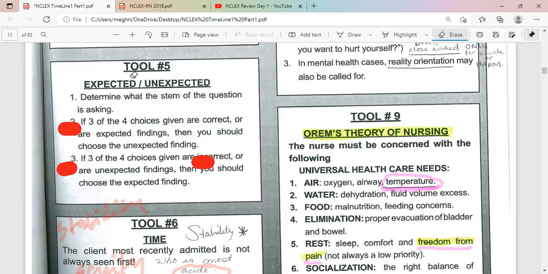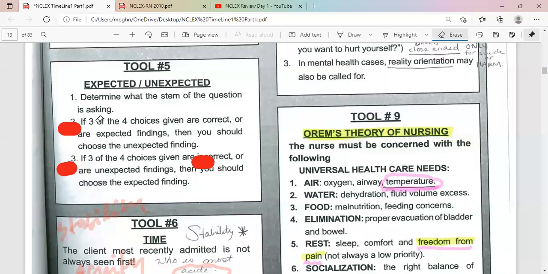Whatever it is, here we are talking about questions and answers. So determine what the stem of the question is asking. A question has 4 options. Out of 4, if 3 have similar meaning and one is opposite, that should be the answer.